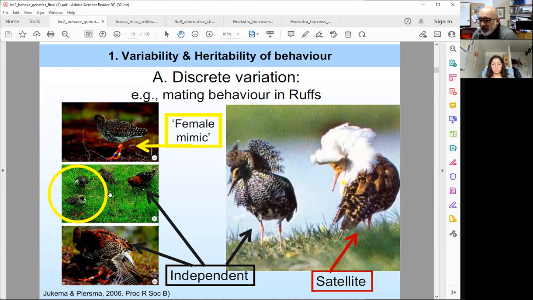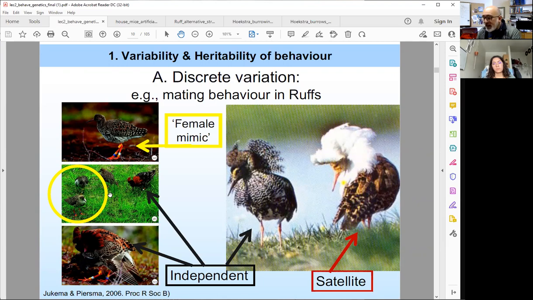They form what are called leks. There are males, called independent males, that basically guard a very small territory in a large open space. If you were to walk in and see this, you would see, scattered around, all of these little males strutting around in their own little leks.